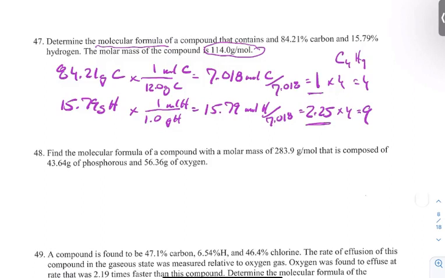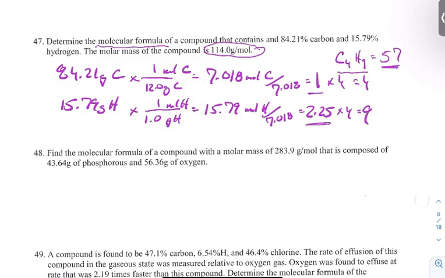But if you know the molar mass and you know the empirical formula, what you can do is this. Add up the mass of everything in your empirical formula. Carbons are 12 each. I've got 4 of them, so that's 48. Plus 9 hydrogens at 1 each gives me a mass of 57. This 57, this empirical formula mass, remember the empirical formula is a simplified ratio of my molecular formula. So my molecular formula is always a whole number multiple of the empirical formula.